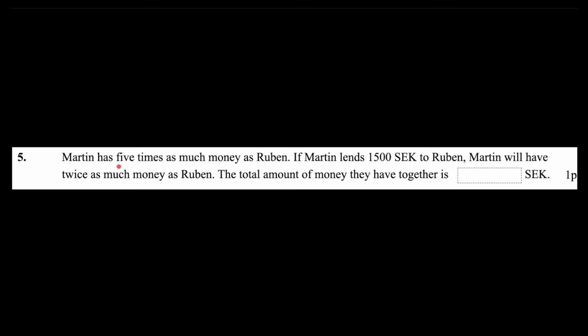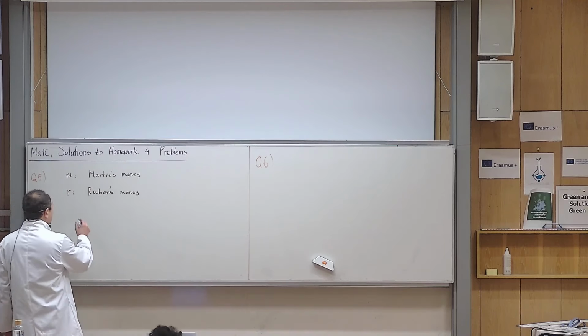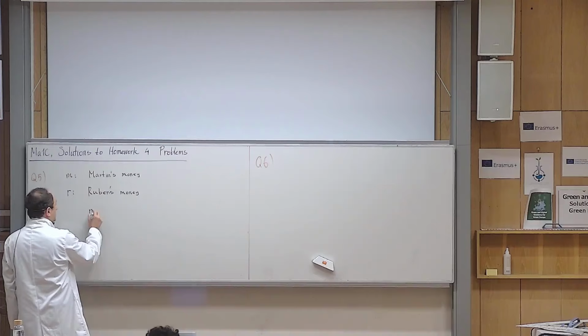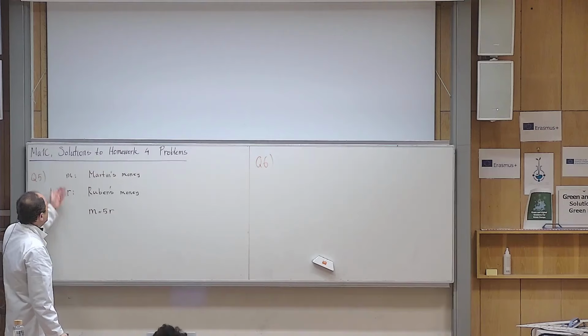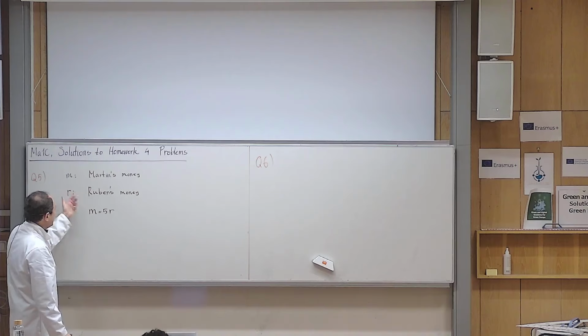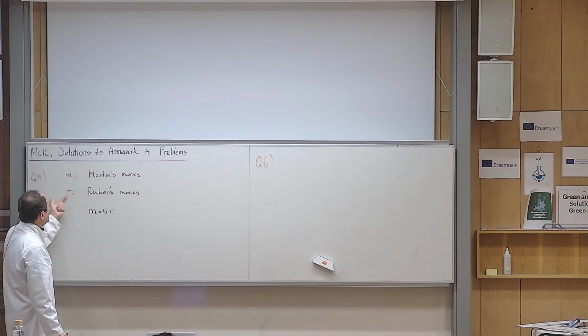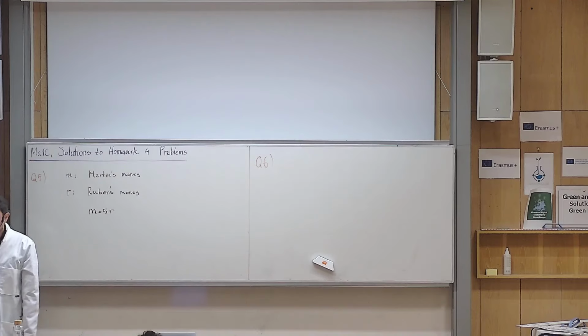Martin M is 5 times R. Yeah, so that's what we write. From the first sentence, M is 5R. Okay, this is important. If you just say M and R, I will not understand. You have to write a little bit of sentence in front of it so that I understand. You don't have to use these ones. You can use probably capital ones or any ones that you like.